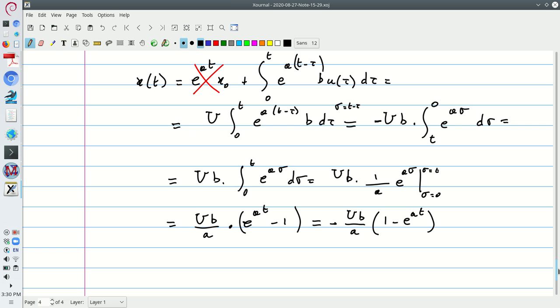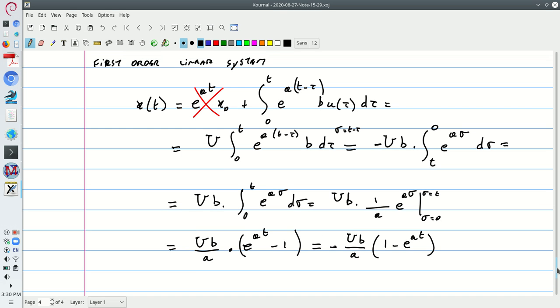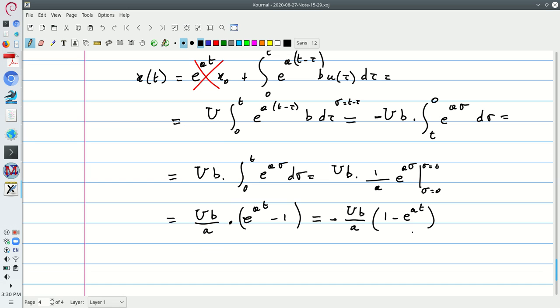So what we have found is that if we inject a step into a system, a step of intensity or height U, we get a state x of t that has this shape: minus UB divided by A, times 1 minus exponential of At. And this is the step response, at least in the state.